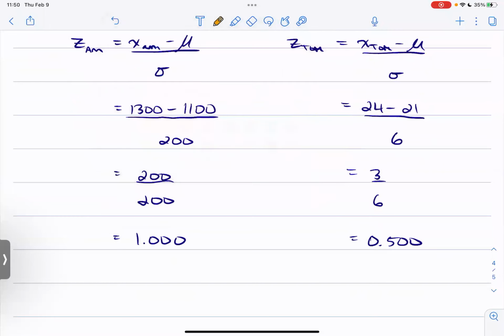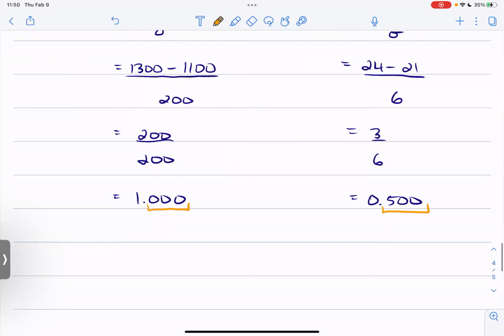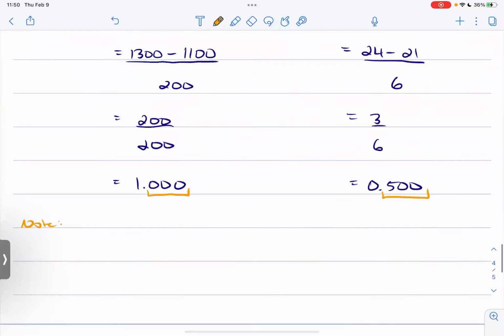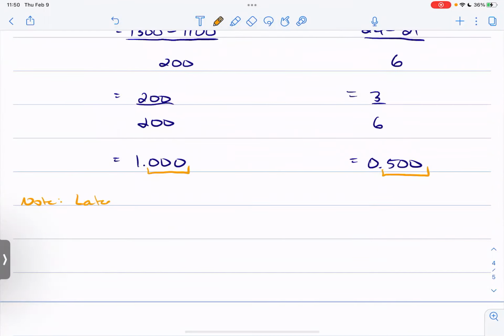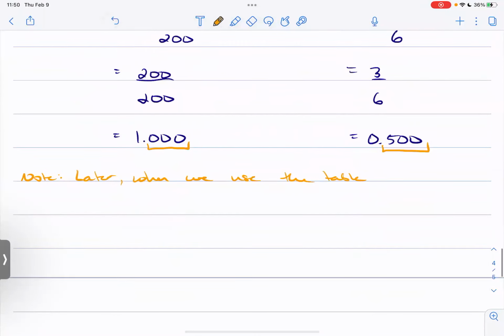Okay. So here, note, later when we use the table, we will require at least 3 decimal places.